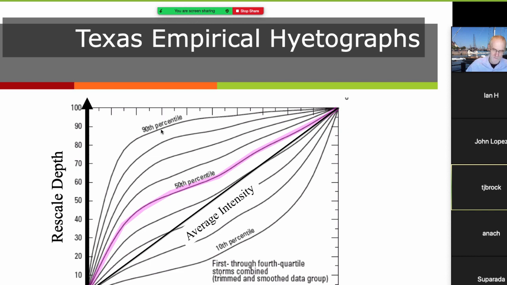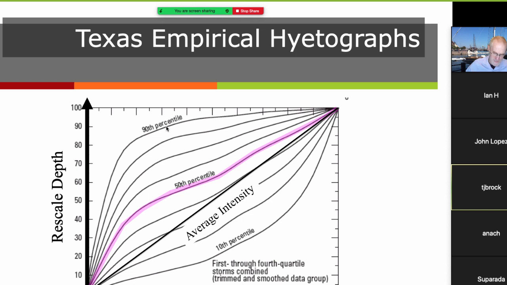The 90th percentile has the complementary meaning, that 90% of the storms that were studied followed a trajectory that lay beneath this curve. Maybe it was this curve, maybe it was this one.